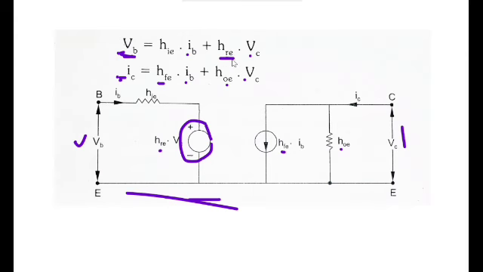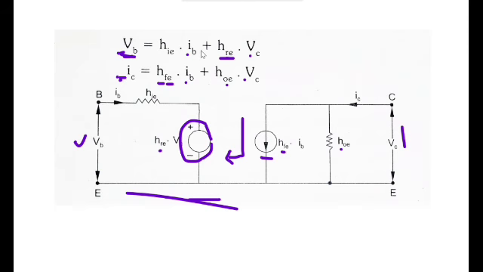Here HRE, the reverse voltage gain, is replaced with a voltage source, and in the second equation HFE, the forward current gain, is replaced with a current source, coming from output to input. In this manner we have replaced according to the equations. This is how we draw the circuit with respect to the equations. So this is all about the common emitter configuration and its notations in H parameters.